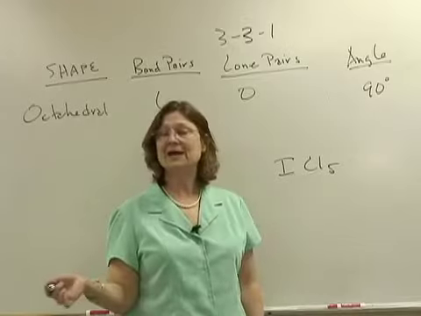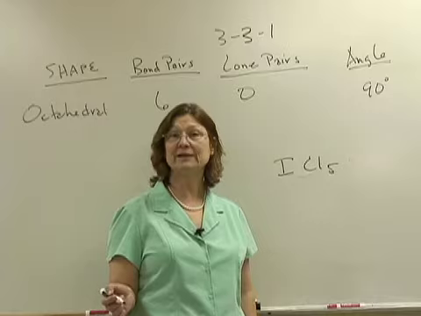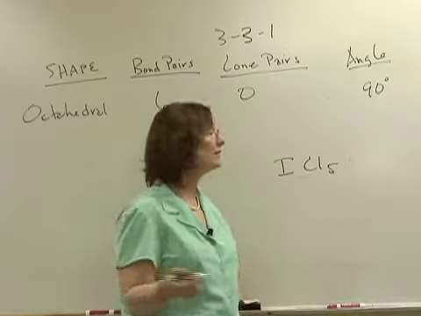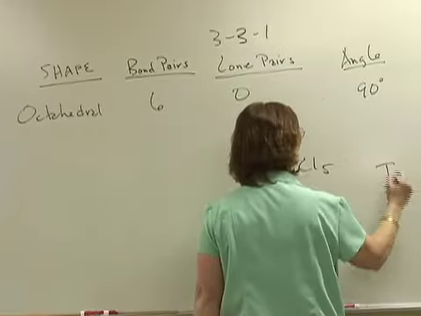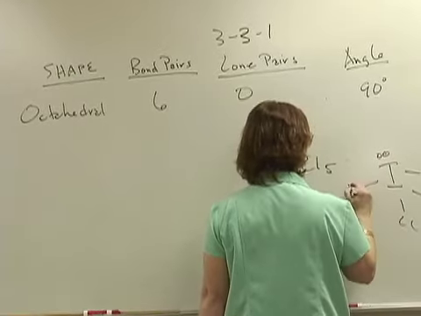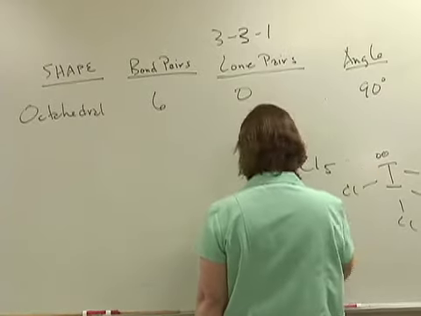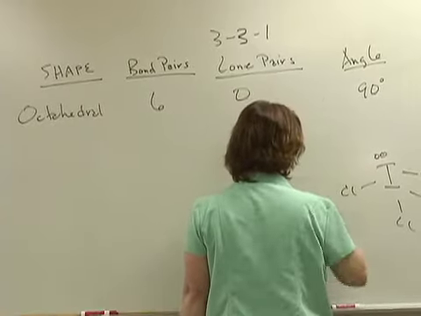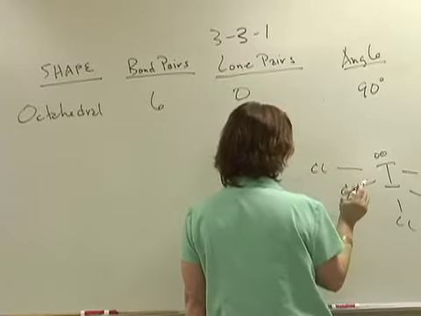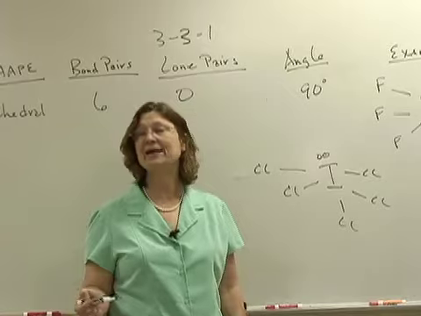Now we know that iodine has 7 valence electrons, of which 5 of them will be used for the chlorines, and that will leave me 1 lone pair. And it will look like this. One, two, three, four, 5. So I have 2, 4, 6, 8, 10, 12 again around my central atom.